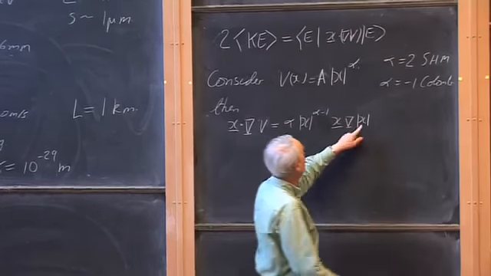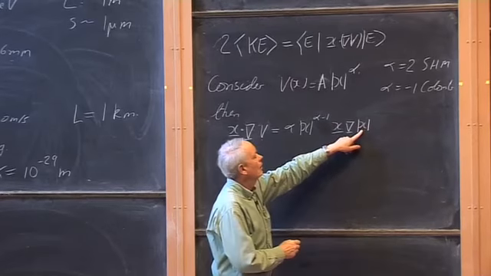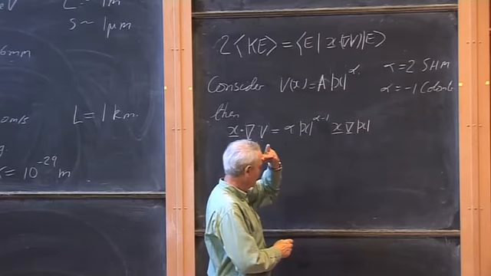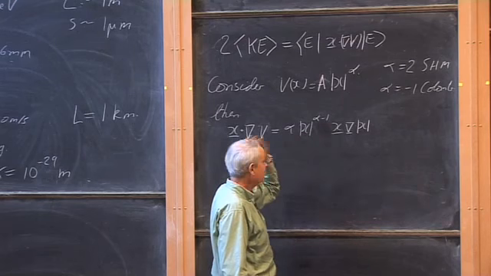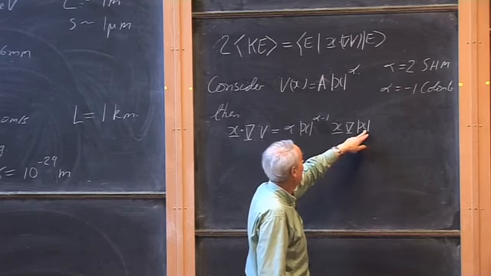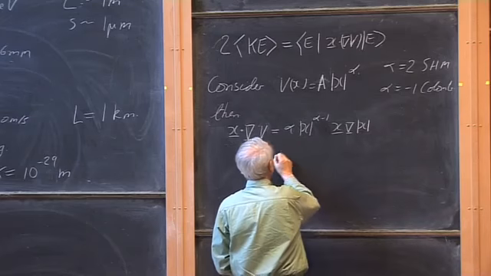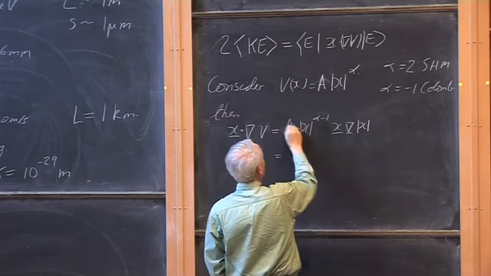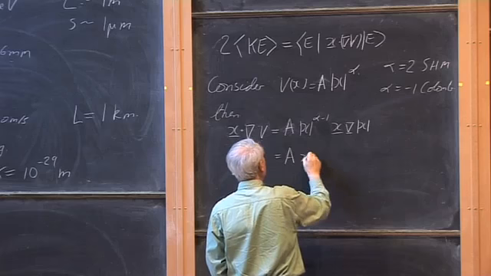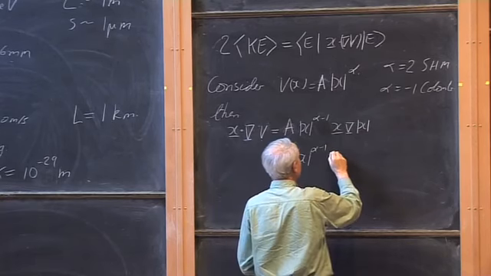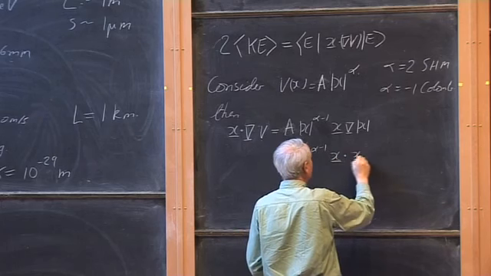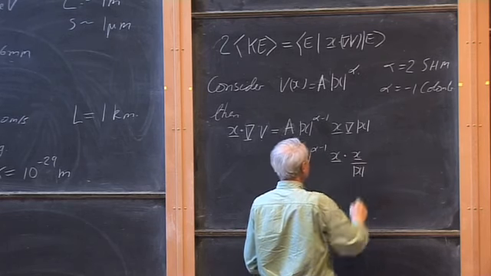And the gradient of mod x is the unit vector x, so it's the vector x over mod x. So this is equal to A times mod x to the alpha minus 1 times x dot x over mod x.